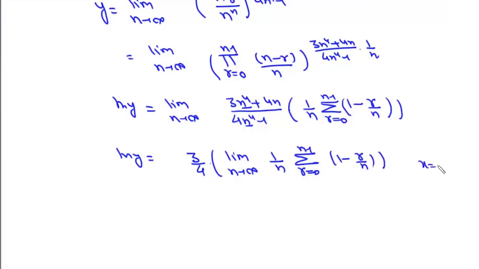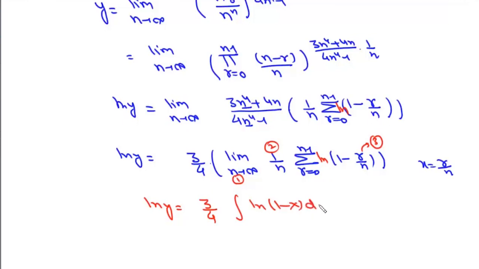Now we'll take x as r by n, and this is nothing but the limit of a sum, as n tends to infinity we have 1 by n and then the variable r by n. So log y equals 3 by 4, and we'll change it into integral form: the integral from 0 to 1 of log(1 minus x) dx, which is also the same as 3 by 4 times the integral from 0 to 1 of log x dx.